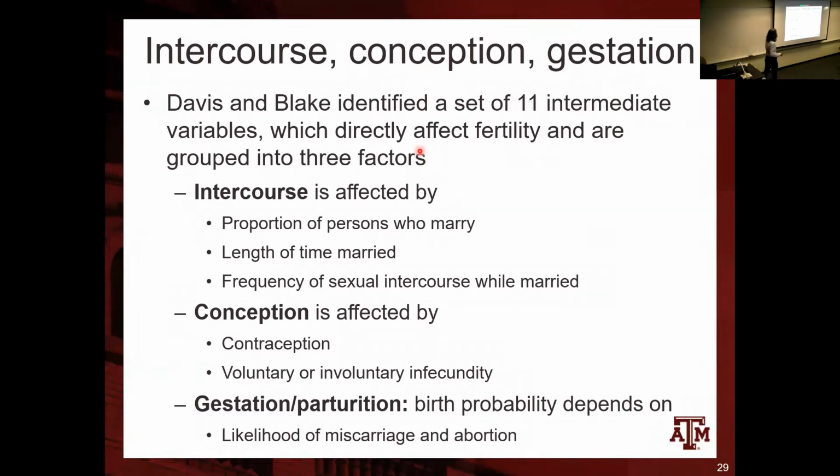So that table that I just showed you has the set of 11 intermediate variables related to intercourse, conception, and gestation. And here's just a summary of that table: proportions of people who marry, length of time married, frequency of sexual intercourse, contraception, voluntary or involuntary infecundity, and also the likelihood of miscarriage and abortion.